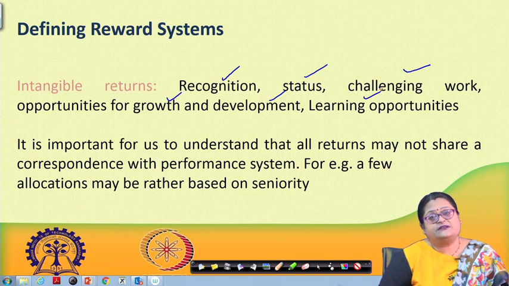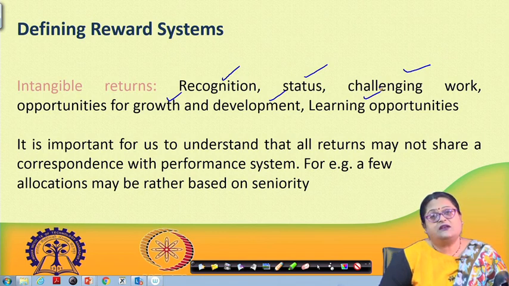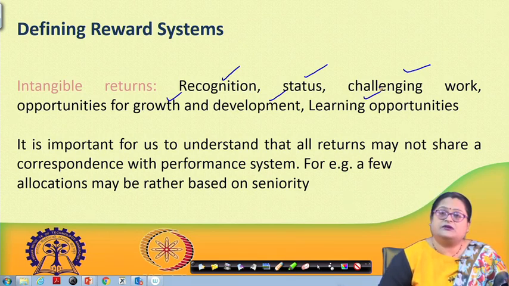Opportunity for growth and development: if the employee's career is well planned in the organization, and through the different job exposures the employees get the opportunity for growth and development, and also learning opportunities through the different job roles that the employee takes up in the organization, then it gives them again a sense of fulfillment.